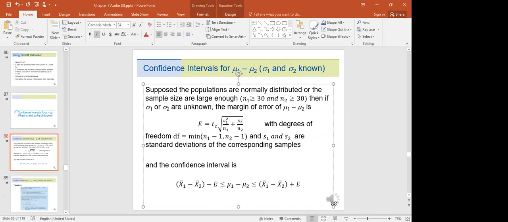This time it is working. I was doing this before and it wasn't working. So we are going to use the sample standard deviation in place of the population standard deviation. And the degree of freedom is the minimum of n1 minus 1, n2 minus 1. And we use it to find the critical value TC, which in turn is used to find the margin of error as in this formula. But as I told you before, it is easier to use the calculator.